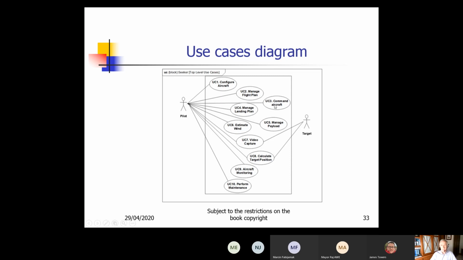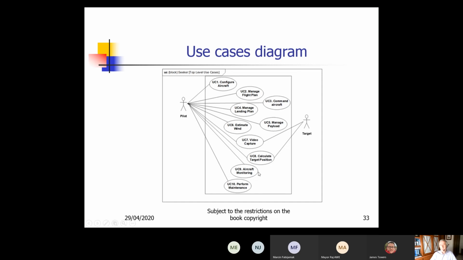communicate with the aircraft when flying, manage the landing plan, manage payload, estimate wind when the aircraft is flying, capture video in infrared or in visual light, calculate target position, monitor the aircraft, monitor the position of the aircraft, and monitor the status and health of the aircraft.